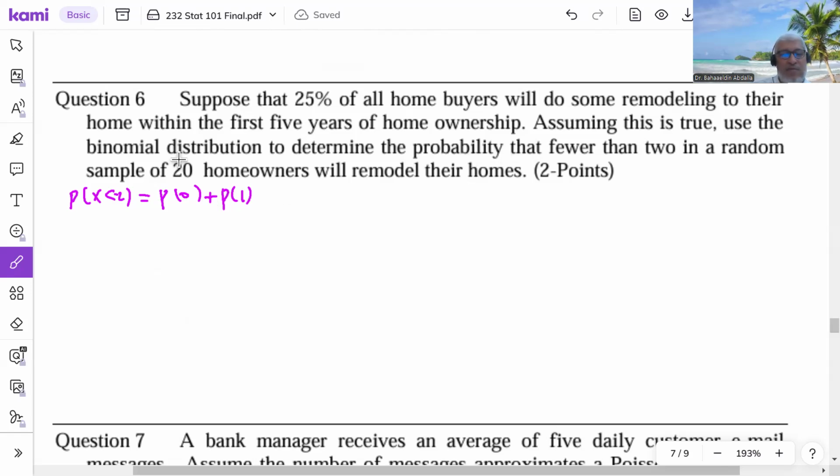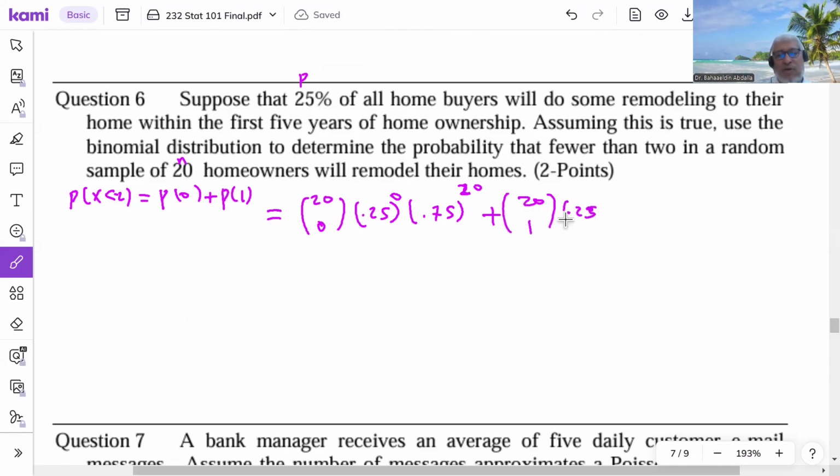In a random sample of 20, this is n. And this is 25%, this is p. So the probability of 0 would be 20C0 times the probability, which is 0.25 to the power 0, times 1 minus 0.25, which is 0.75 to the power 20 minus 0, which is 20, plus P(1), which would be 20C1, 0.25 to the power 1, and 0.75 to the power 19.